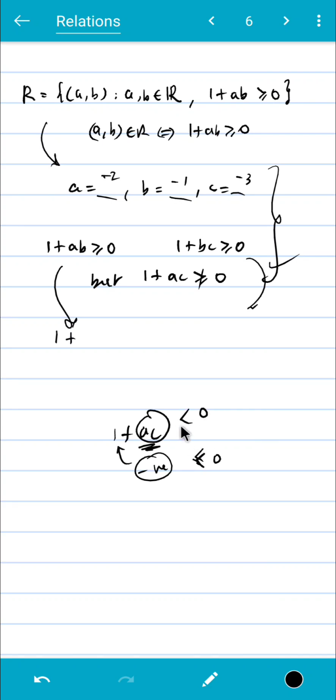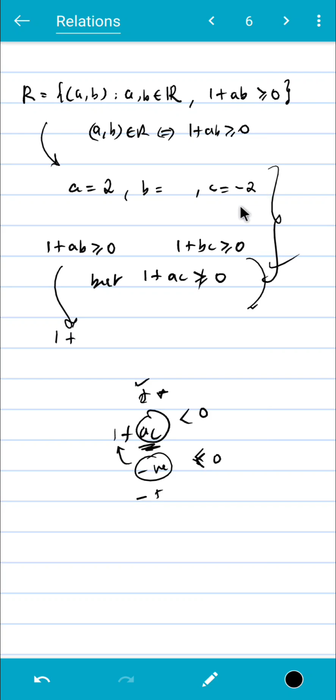If ac has to be negative, then either one of a or c has to be negative and the other must be positive. So either a will be positive and c negative, or a will be negative and c positive. Let's just take the first case. What if a is positive? Let's take a to be 2, and c, shall we take minus 3?